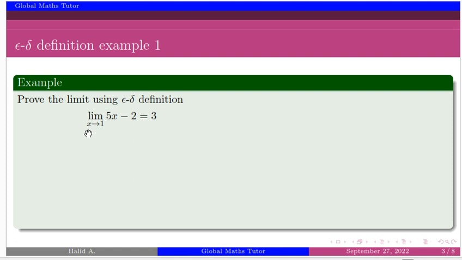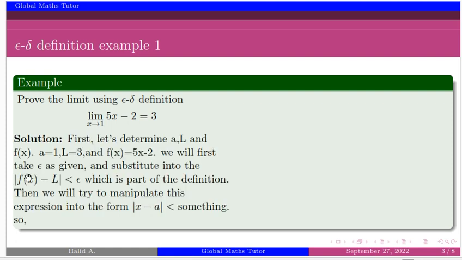After identifying these, to prove it, it's recommended to assume epsilon is given. After assuming that, we will look at f of x minus L, and if we manipulate this expression into the form absolute value of x minus a less than something, then we know delta.